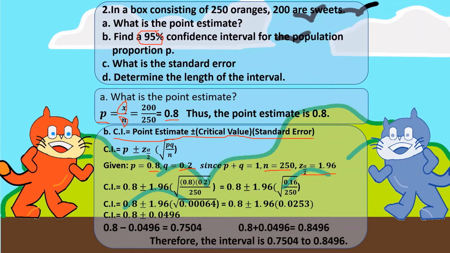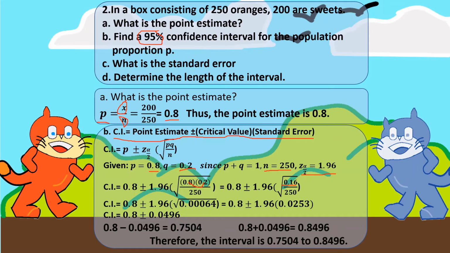So for our CI, using the formula, 0.8 plus minus 1.96 times the square root of 0.8 times 0.2 divided by 250. So 0.8 times 0.2 is 0.16.